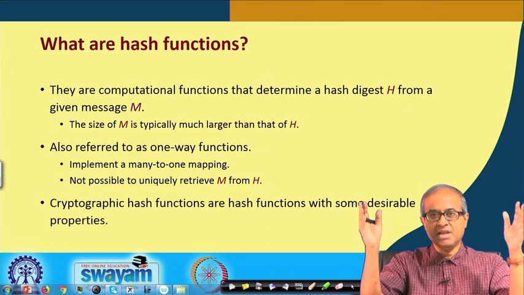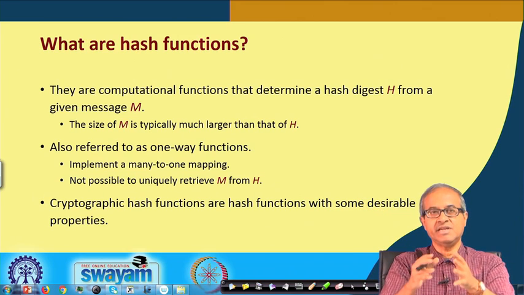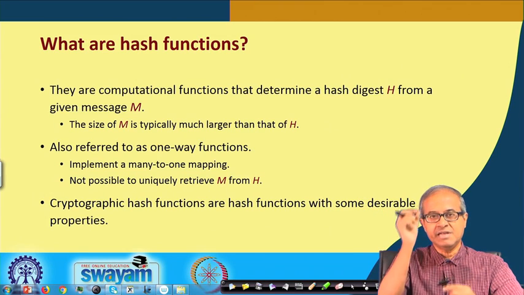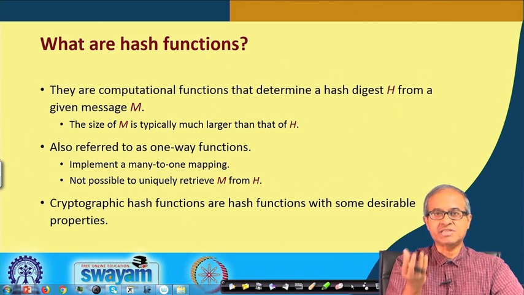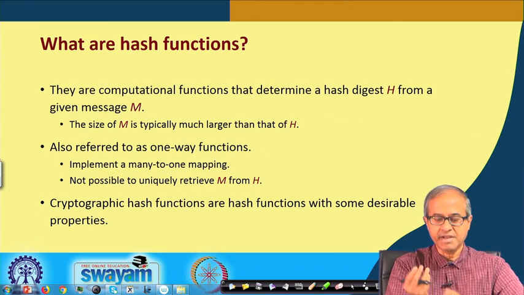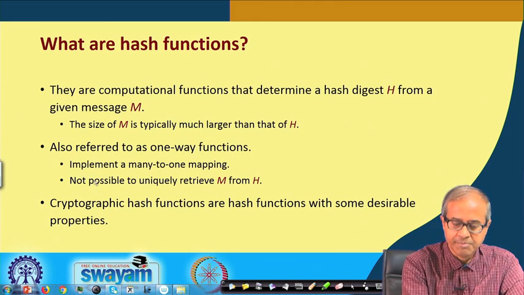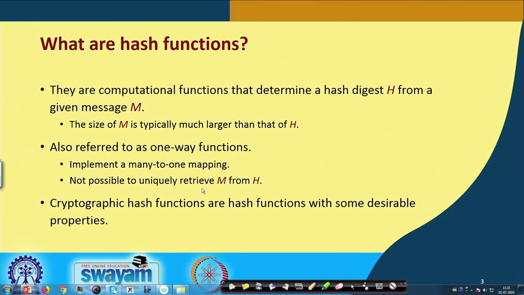Since we are mapping a larger set to a smaller set, it is always possible that multiple values of m can map into the same value of h. This is a so-called many-to-one mapping. Because of that, we cannot uniquely do the reverse mapping from h to m. So, for this reason we call this hash function a one-way hash function.